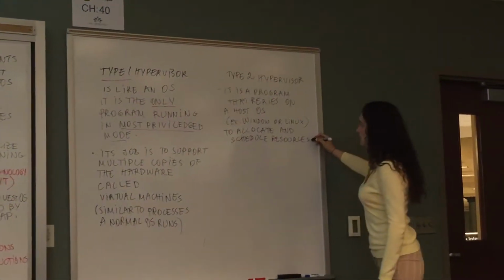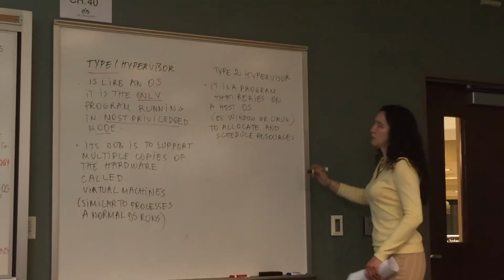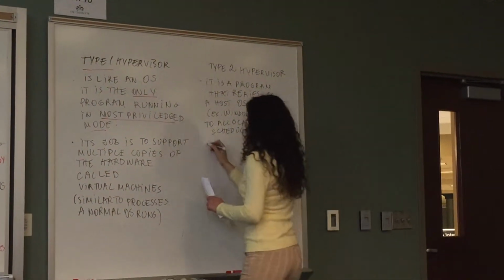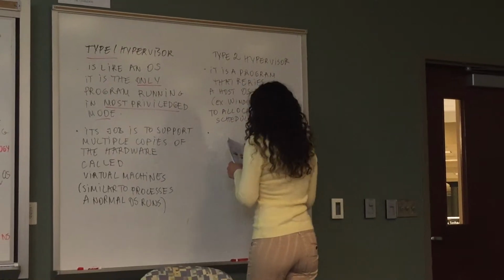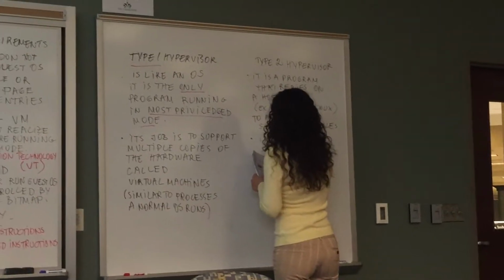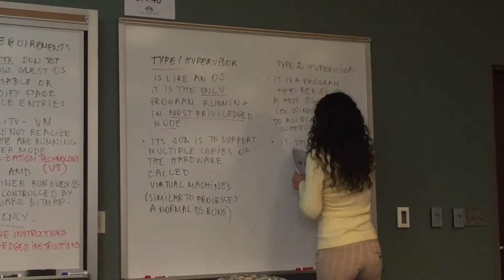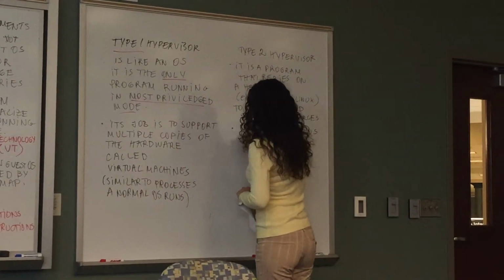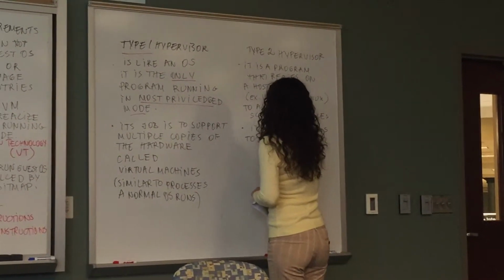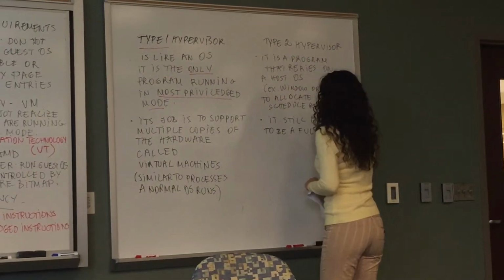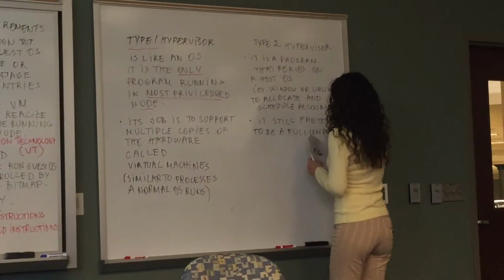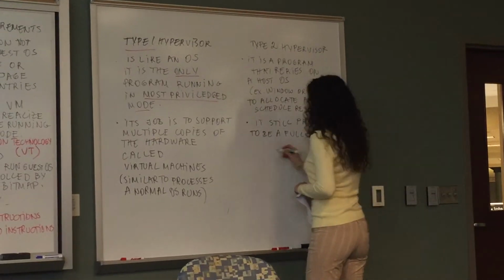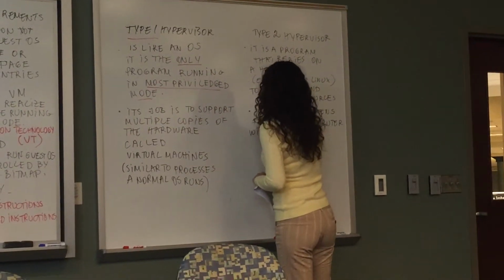So it is a program that relies on a host operating system to allocate and schedule resources. But it still pretends to be a full computer with CPU and the various devices that come with it.